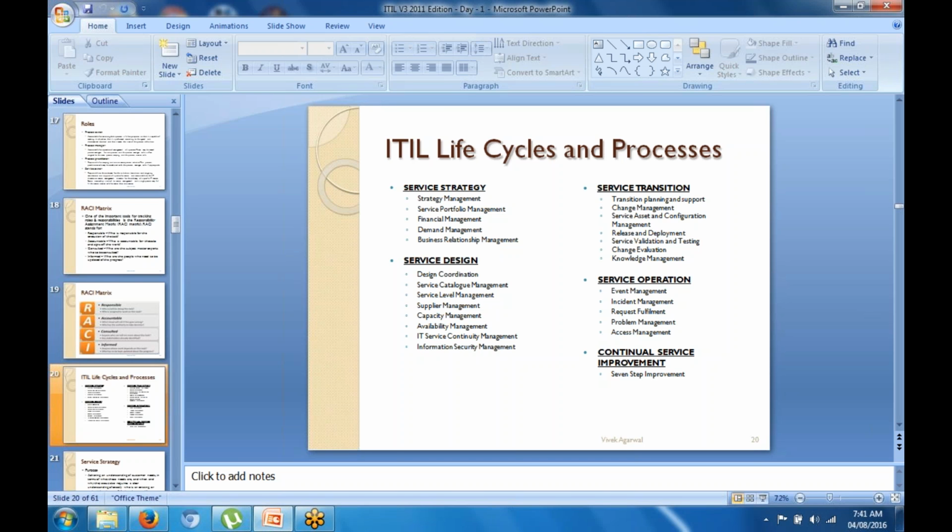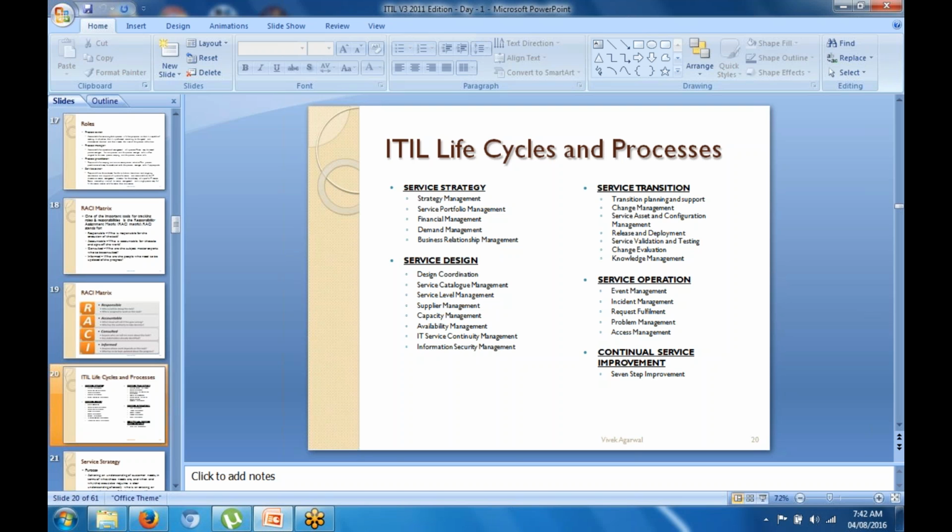So from service strategy, service design, service transition, the final one is service operation. Service operation is where the actual process is made live. Say you have started a restaurant and you have been working on it for the last 6 months, but today is the grand opening, so from today onwards it is in operation.